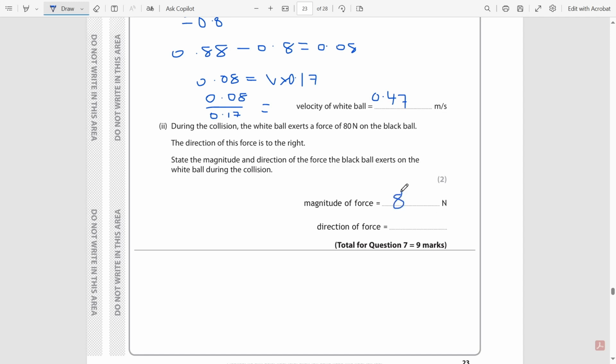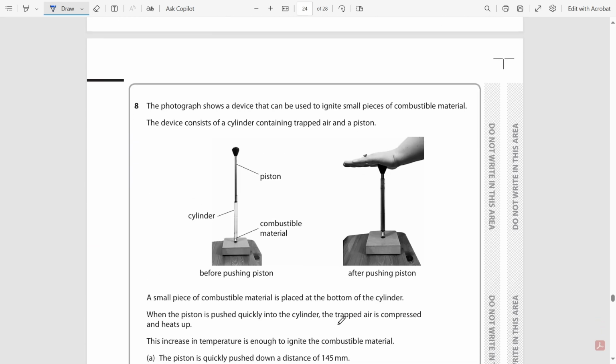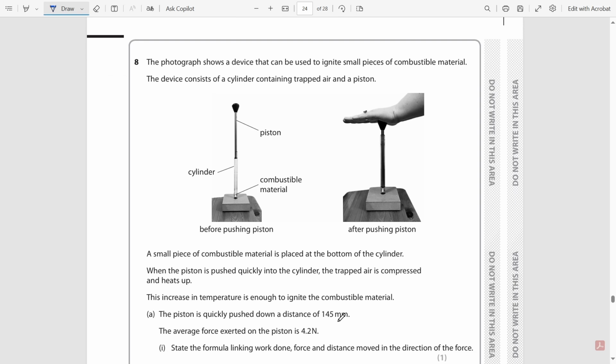It should do the exact same to the left, because if this black ball could not exert the same force back at the white ball, then the white ball would just phase through it. Like how a table snaps if you put too much weight on it. It will break because it cannot exert the amount of force that you're putting on it.